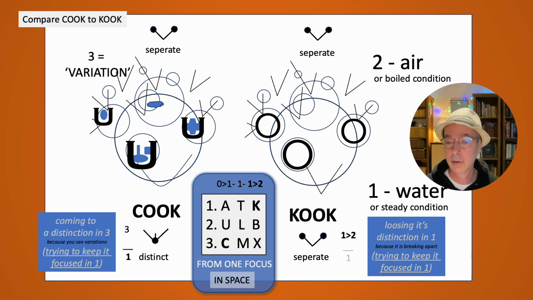That's the boiling condition, but there's also the cooking condition. And this division of separation is that you deal with what you have differently in its steady condition or when it is boiling and so on. So you keep that focus together, so that the product in the end hangs together.